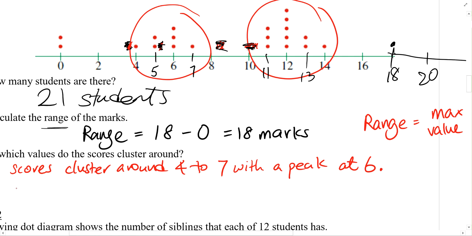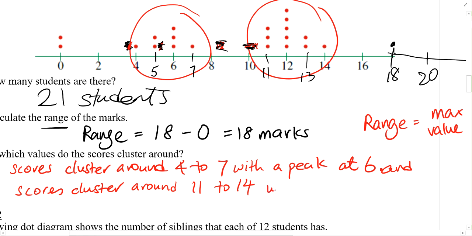Okay, and then another one: scores cluster around, how much? 11 to 14. Okay, they are clustered together. They are near each other with a peak of 12.